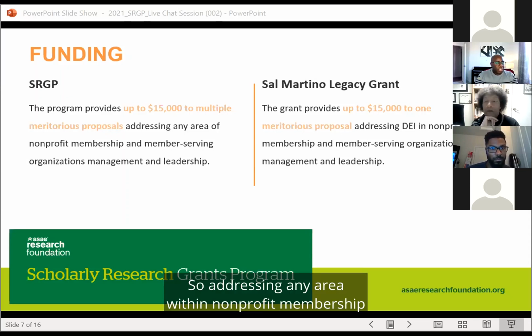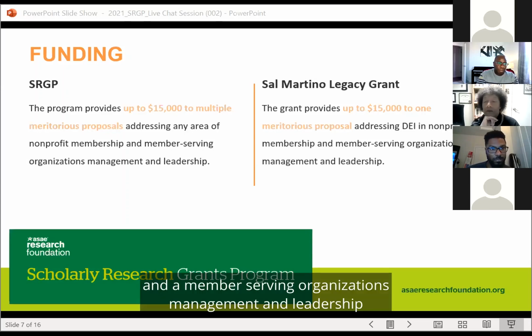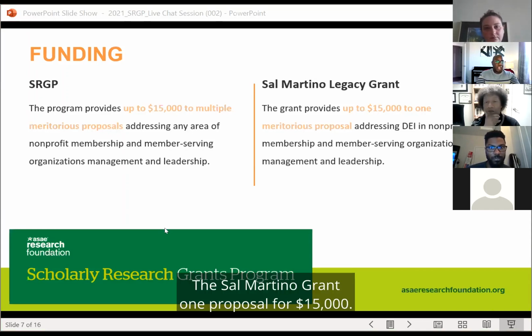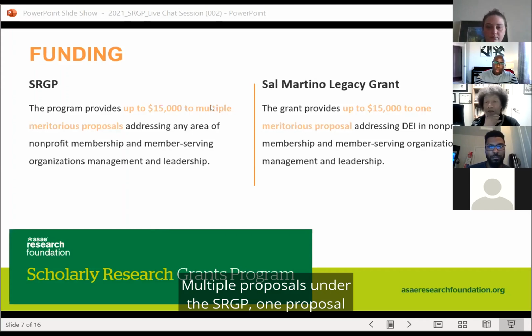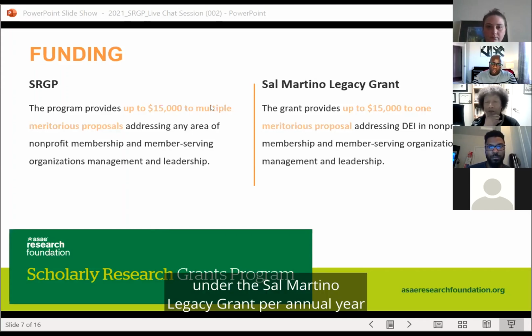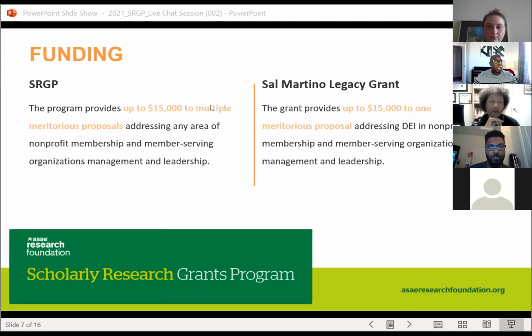This addresses any area within nonprofit membership and membership-serving organizations, management and leadership. The Sal Martino grant is one proposal for $15,000. So that's the key there: multiple proposals under the SRGP, one proposal under the Sal Martino Legacy Grant per annual year.